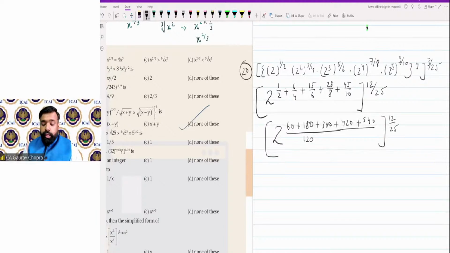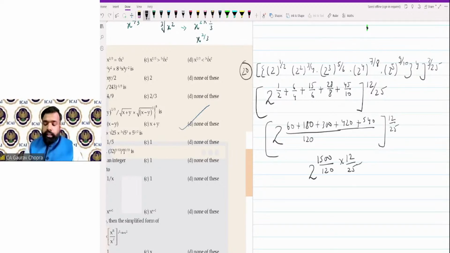So what is left? 60 plus 180 is 240 plus 300, 540 plus 420, it becomes 960 plus 540, 1500. So 2 to the power of 1500 upon 120 multiplied by 12 upon 25.